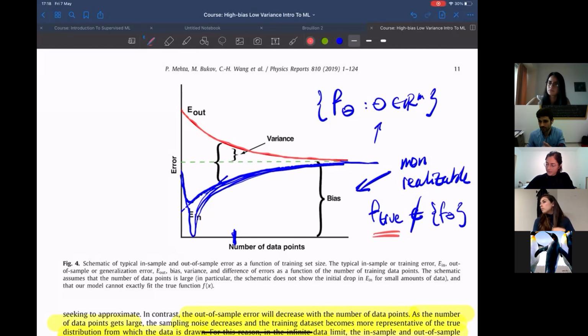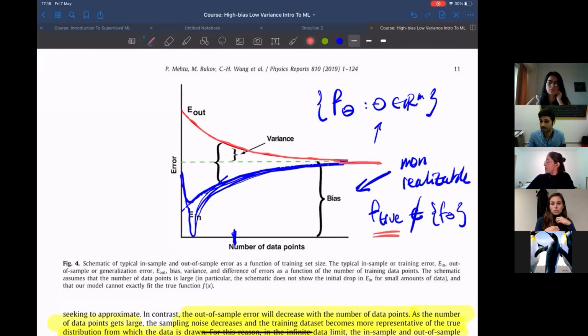And as the number of training points goes to infinity, these two curves at some point would match. They would reach a plateau and stay constant in the limit of infinitely many training samples. And this error here, this ultimate error that you cannot beat with this hypothesis class, is called the bias.